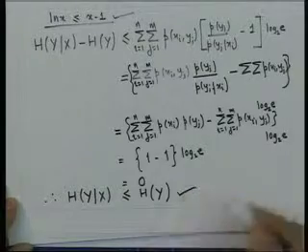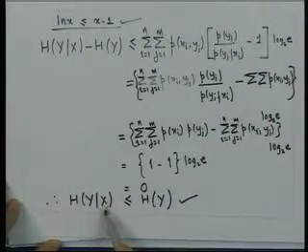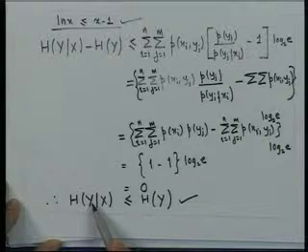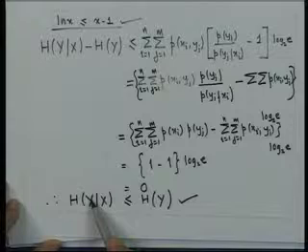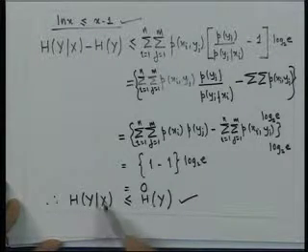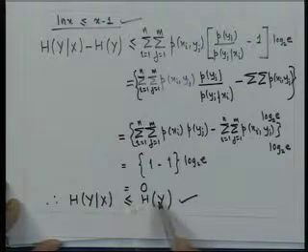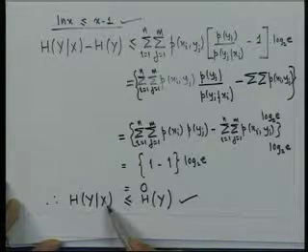What this expression says is that the uncertainty in the event y or experiment y after the event x has been observed will always be less than the uncertainty which is there initially when I do not observe x.